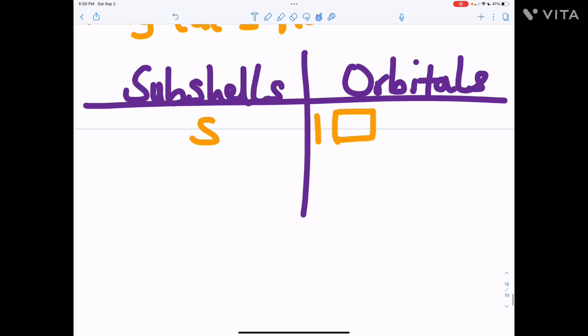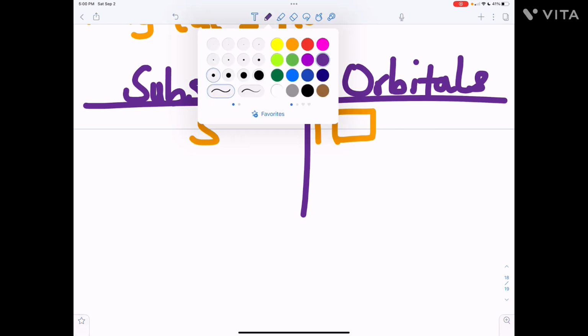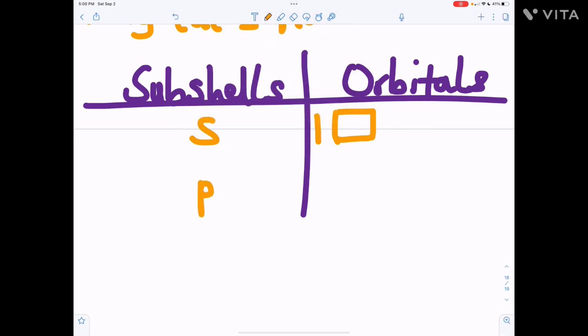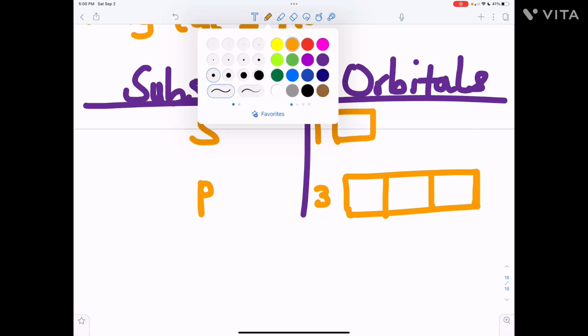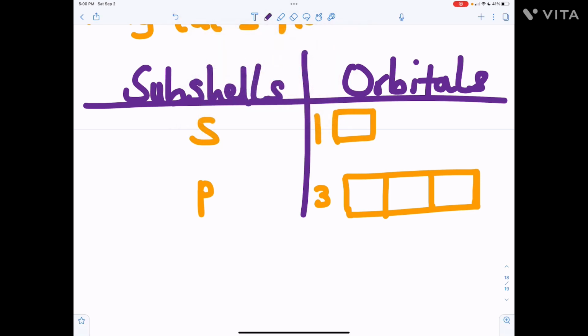Then any p subshell has 3 orbitals. 1, 2, 3. 3 orbitals that can take a maximum of 6 electrons. 1, 2, 3, 4, 5, 6. Can you see?